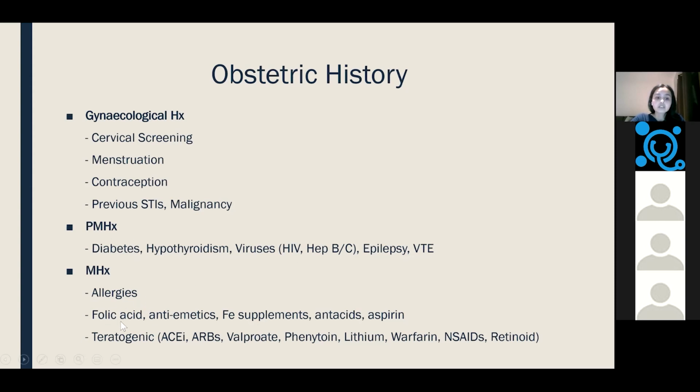And then are they taking folic acid? Do they need any antiemetics, iron supplements, antacids, aspirin? And you make sure to ask if they're on any of these medications, because they could be teratogenic and they should be stopped. So I've just listed some on here, just for you guys to remind yourself.